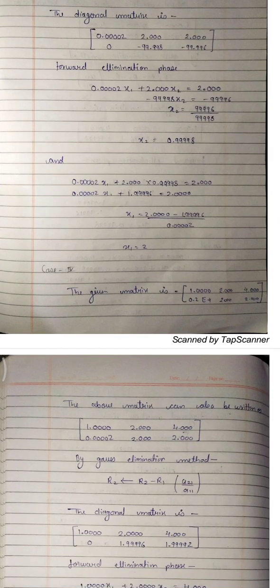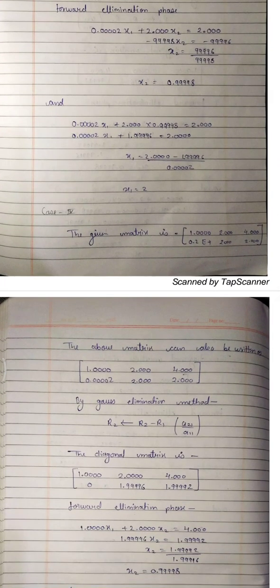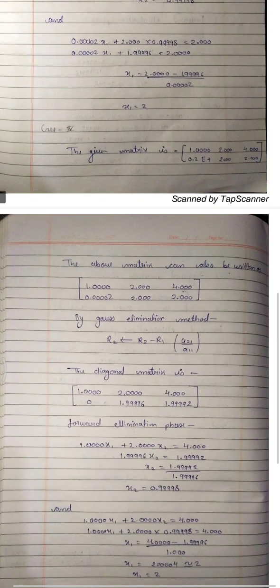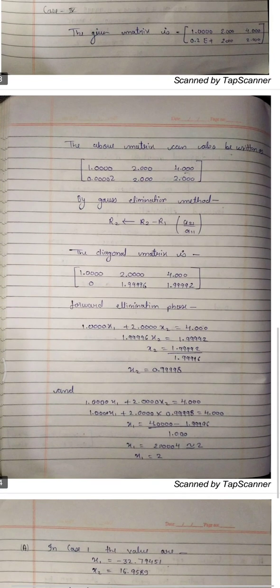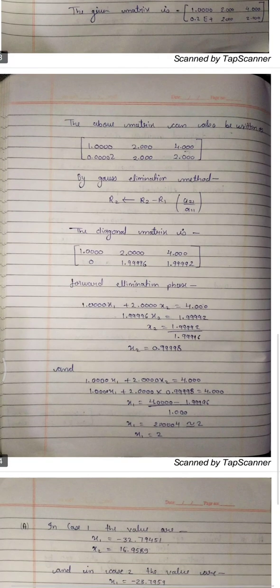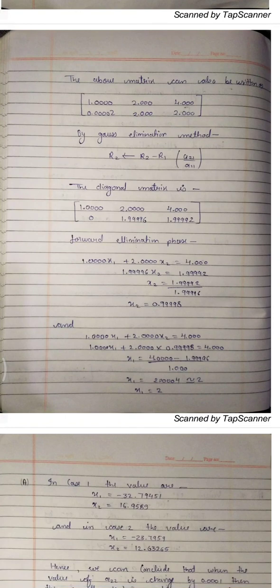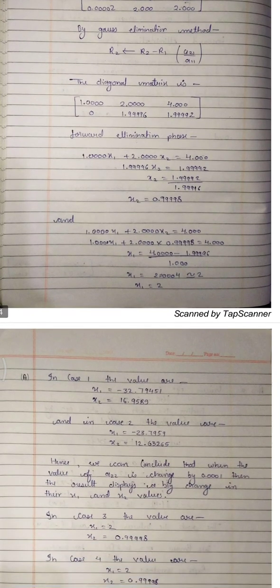We have the matrix, we convert it into the diagonal matrix using the elimination method, and after that we use the forward elimination phase. In this phase, we'll get the values of x2 and x1 again, and after this we have to conclude what the difference between the values is.